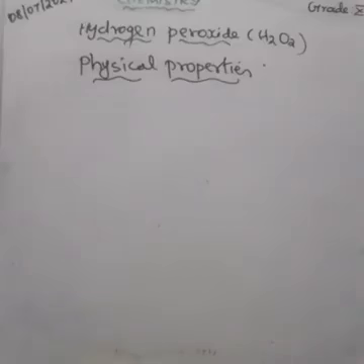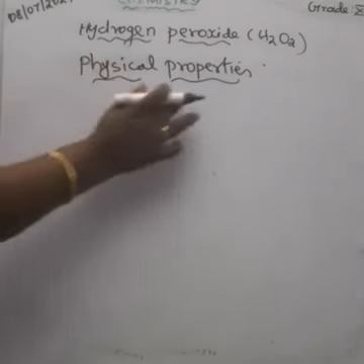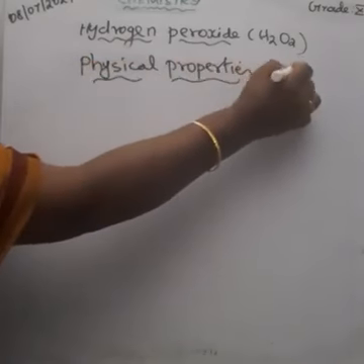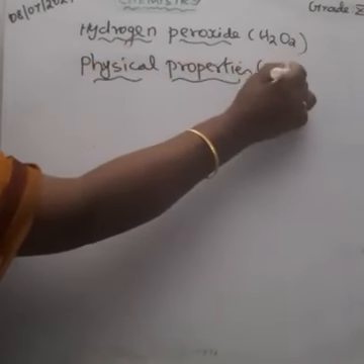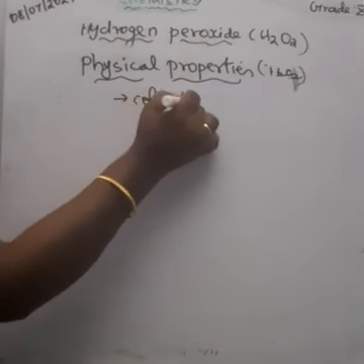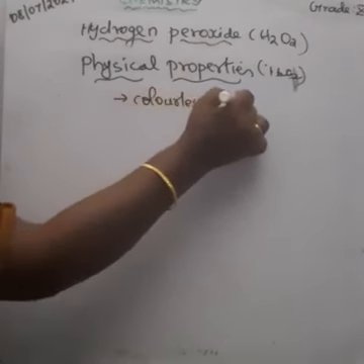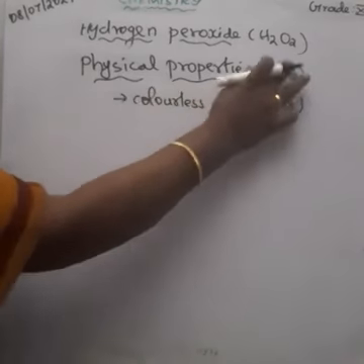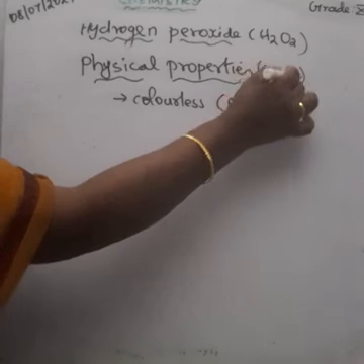And then what are the physical properties of hydrogen peroxide? Pure hydrogen peroxide is a colorless liquid, with a pale blue color, meaning light blue, but it is considered colorless. It is also less volatile.